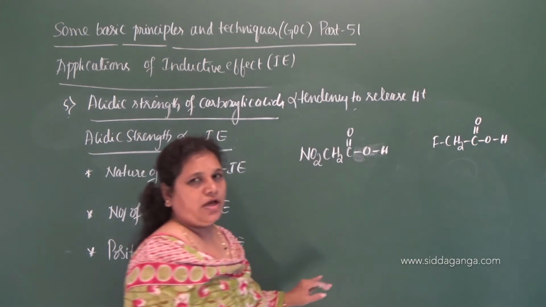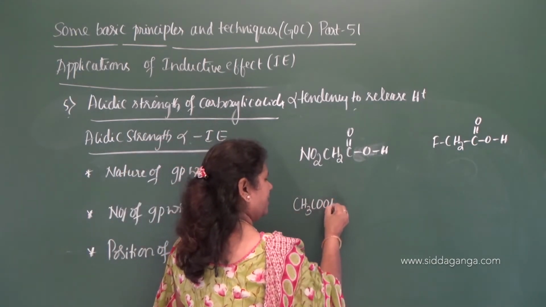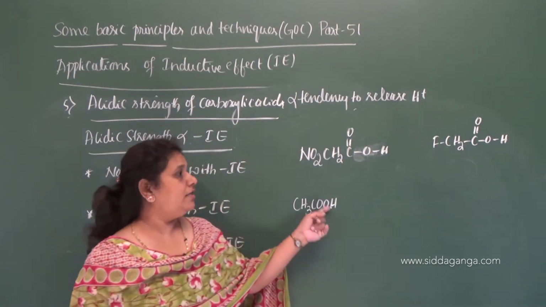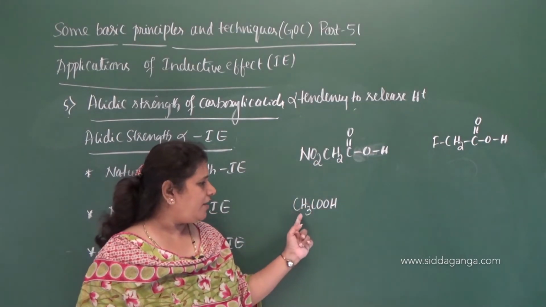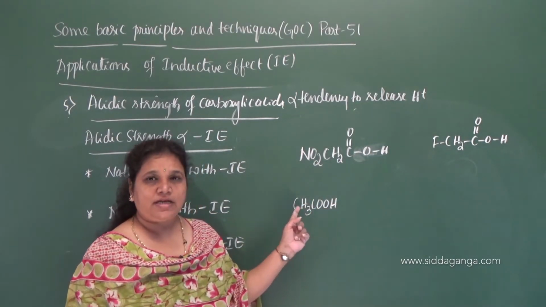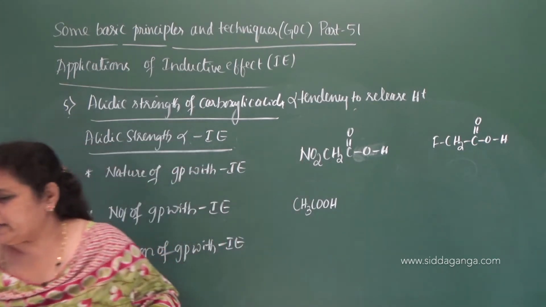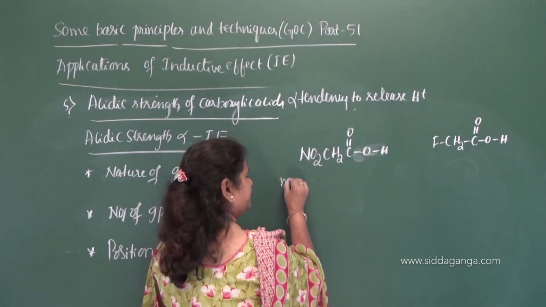So as you know, what is the name of this acid? Acetic acid, correct? This is substituted acetic acid because one of the hydrogen atoms of the methyl group in acetic acid is replaced by NO2 group. Then what is the name of this compound? Nitroacetic acid.